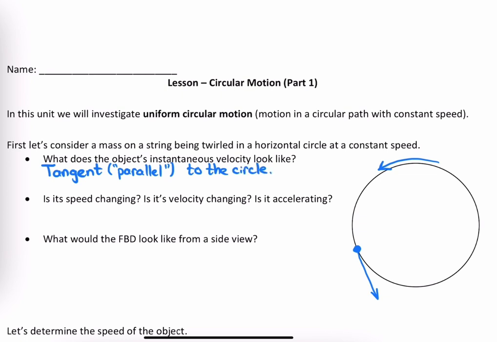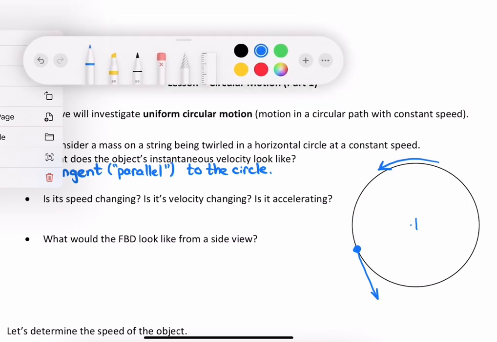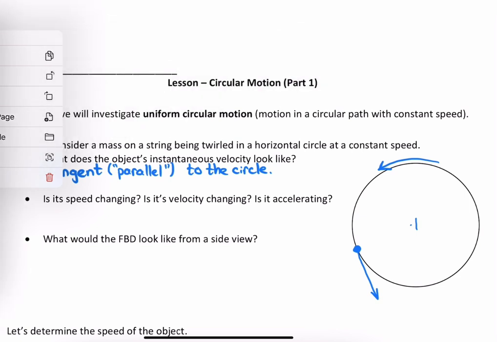And another way to think about this without having to use that fancy word is we can think about the center of the circle. Let me do this in a different color. Center of the circle is about here.